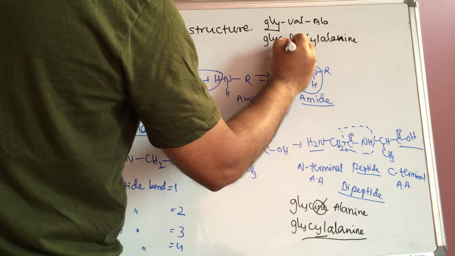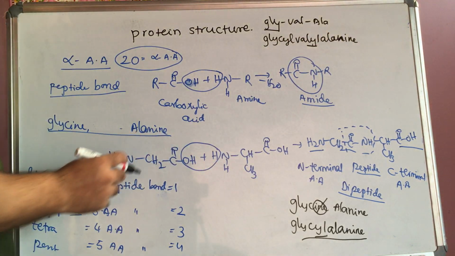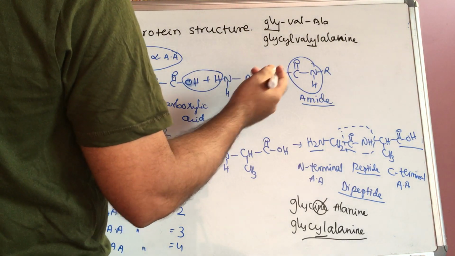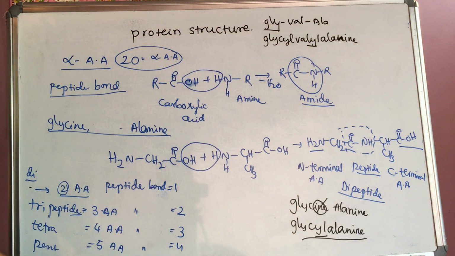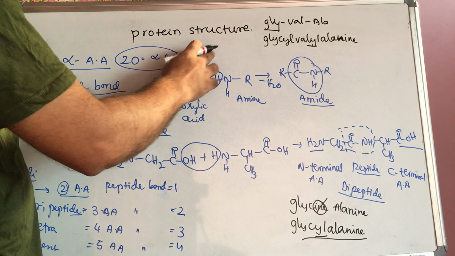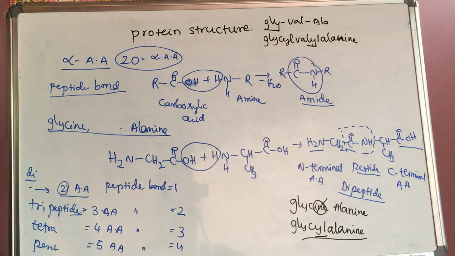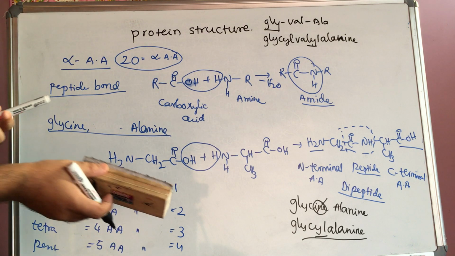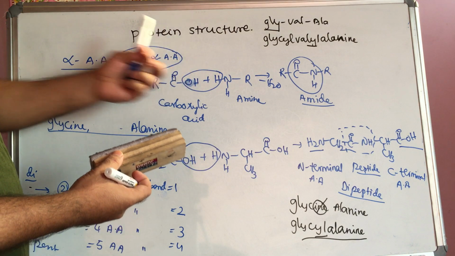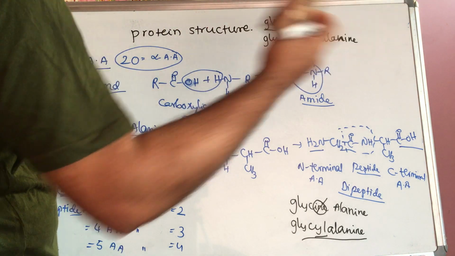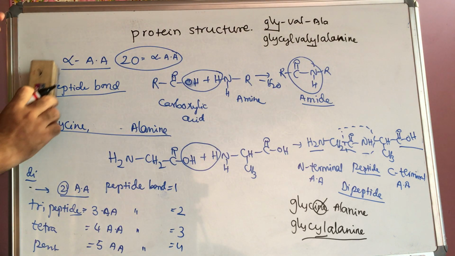It means in this valine also INE is dropped and YL added. Keep in mind always when you are drawing the peptide bond, the left side should be the N terminal, the right side should be the C terminal. All amino acids have an amine group and a COOH. When you are representing, NH2 should be on the left side and COOH on the right side. So that is a peptide bond.